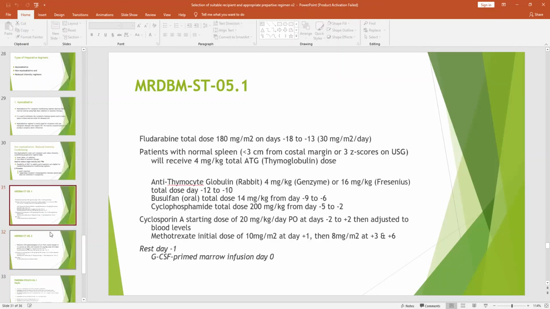Both protocols we are using for thalassemia patients, while the difference is little. The ATG in the 05.1 is used in the low risk, and we are using ATG 4 mg per kg, and that is the Genzyme.